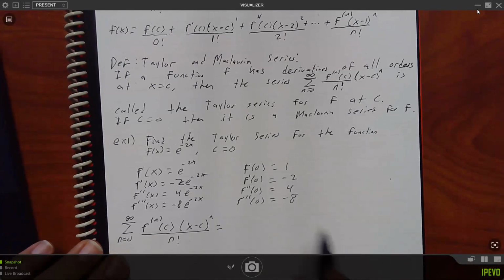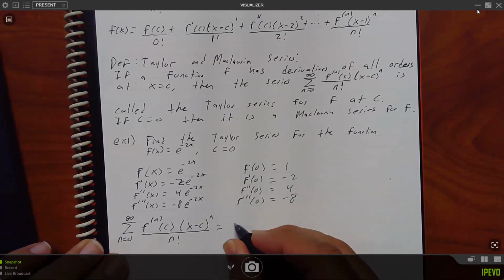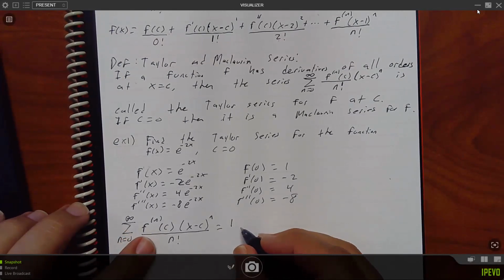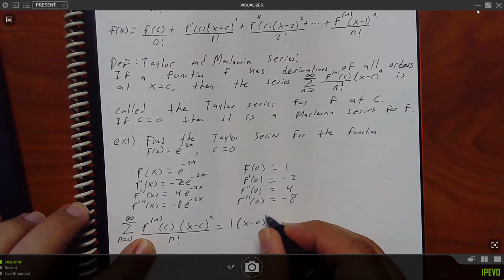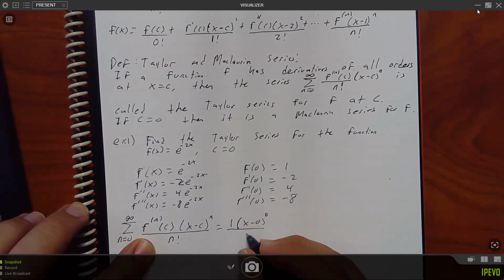First one will be 1. That's the f to the n part, times x minus 0 to the 0 over 0 factorial.